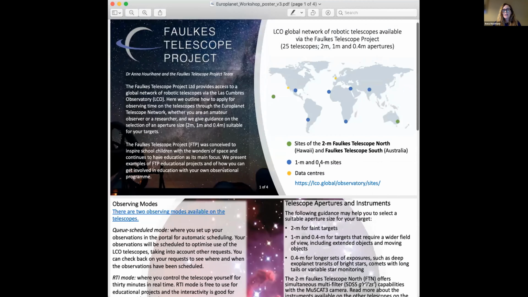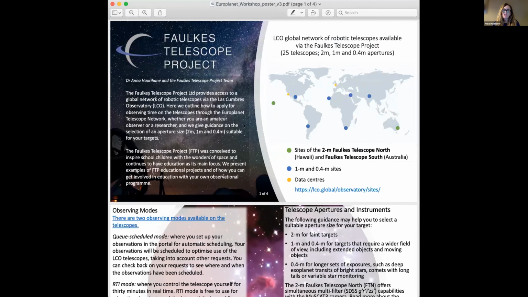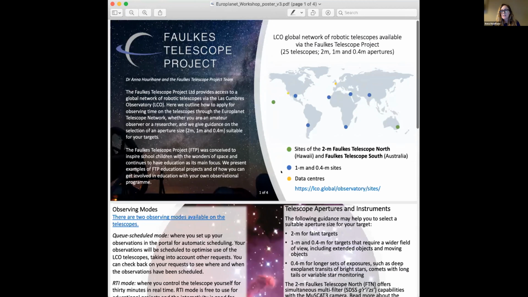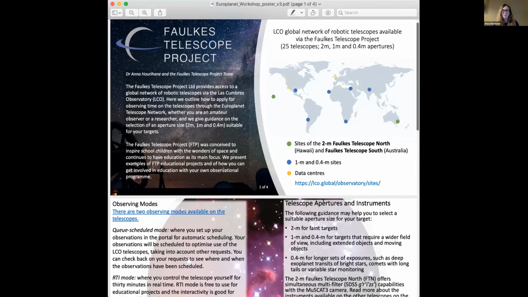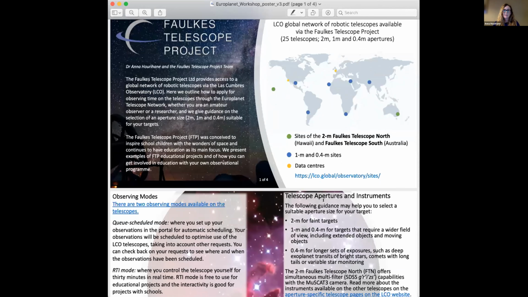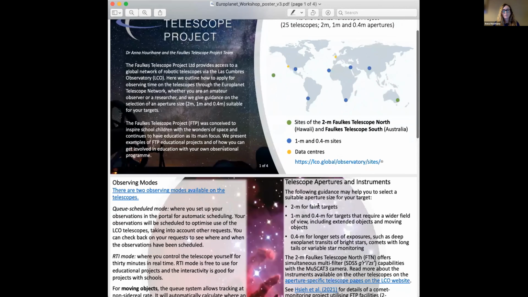The Faulkes Telescope Project has a focus on education, and it provides access to the LCO global network of robotic telescopes. This includes two 2-meter Faulkes telescopes, north and south, and then a range of 1 meter and 0.4 meter telescopes located around the globe.